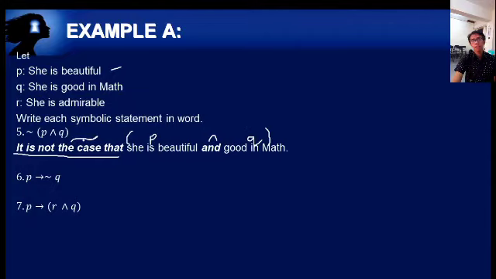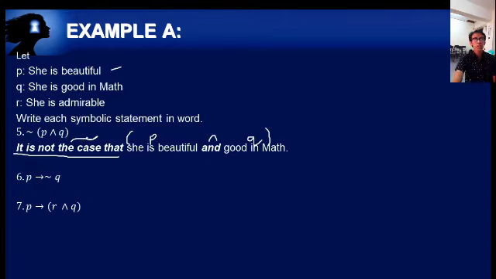Kapag ang dalawang proposition ay may connectives at the same time meron din siyang negation sa labas, magiging false ang labas ng statement nung nasa loob ng parenthesis.